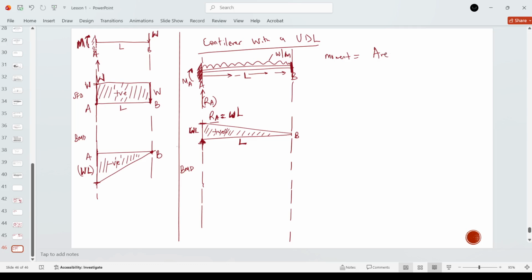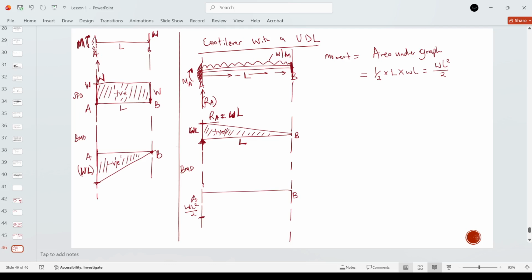Okay, so moment will be the area under graph. How do we get the area under graph? A half multiplied by the length multiplied by WL, which will give you WL squared over 2. Very good. So you have A, you have B. So we'll have at this point being WL squared over 2, and realize that it's going to vary.